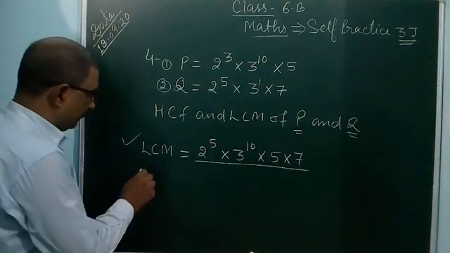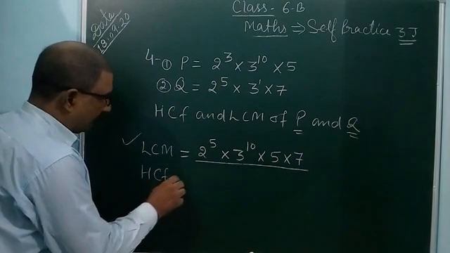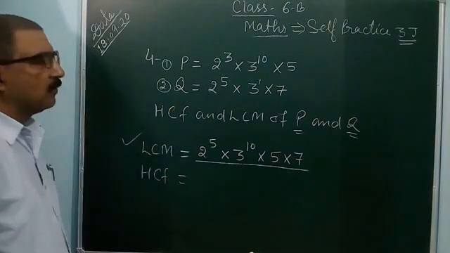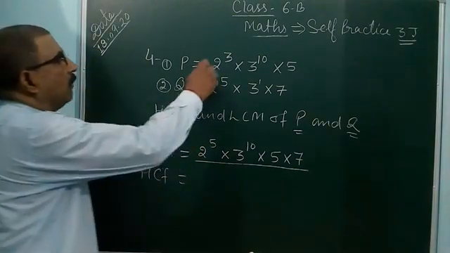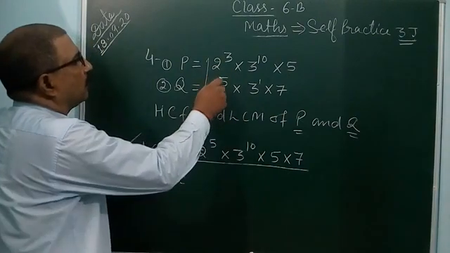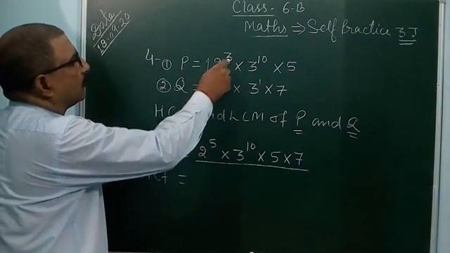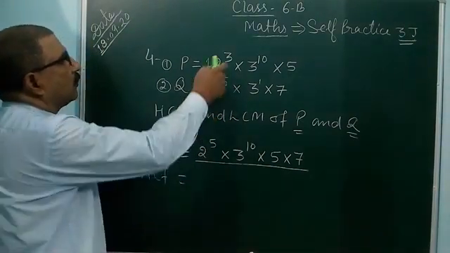And for the SCF, you choose the lowest power. 2 is common here, where 2 has 2 to the power 3 and 2 has 2 to the power 5.